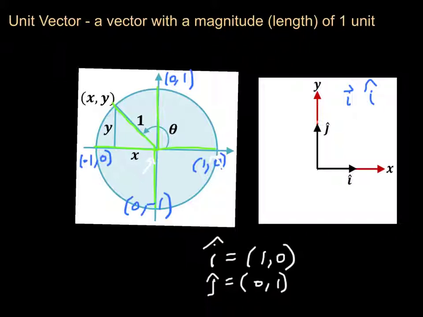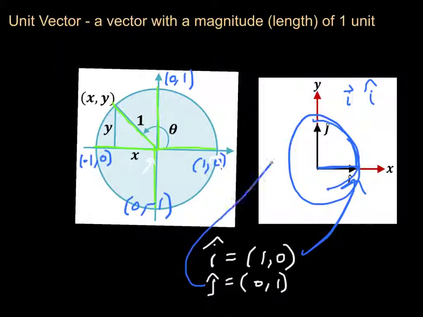If this were the unit circle, this is not a good circle, but I think you understand here. This has a length of 1, and that's i, so that's where the head is, 1, 0, and j ends there. The head ends at 0, 1, so that's how you identify i and j. They're labeled by those.